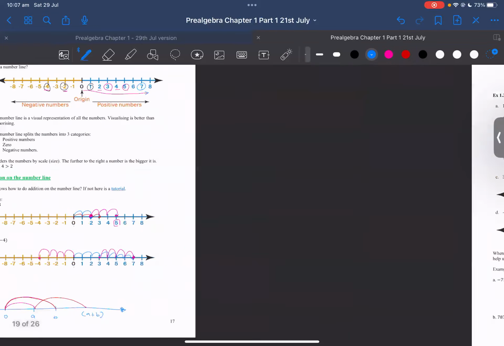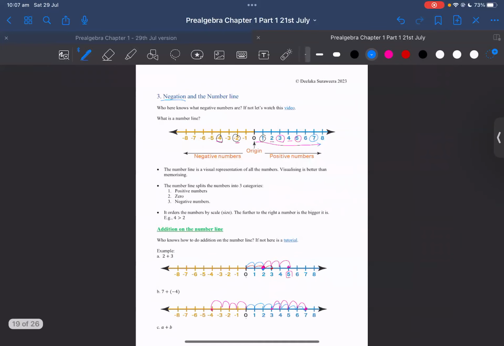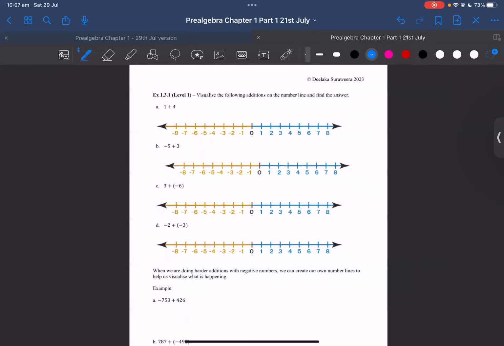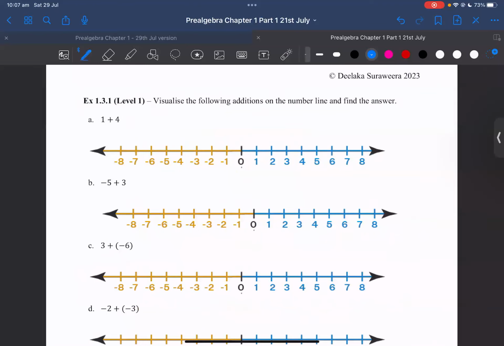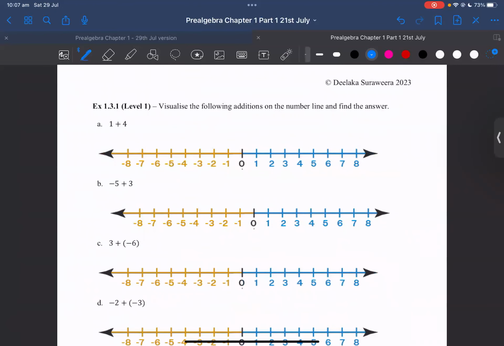So we can use this idea when we have more complicated questions. Before that, let's give you an exercise where I want you to obviously know the answer, but I also want you to visualize the addition on the number line. So show the hops, which is stuff you learned ages ago, but it's good practice.